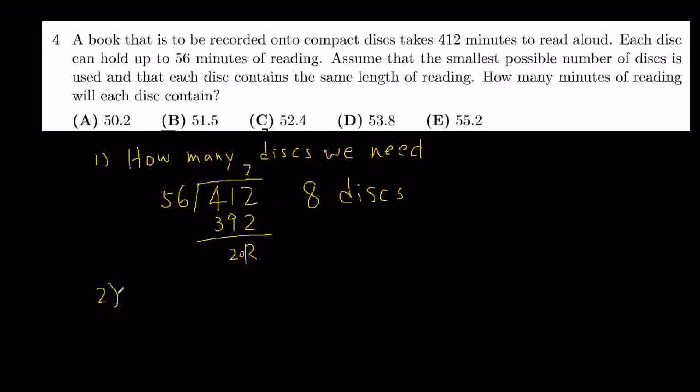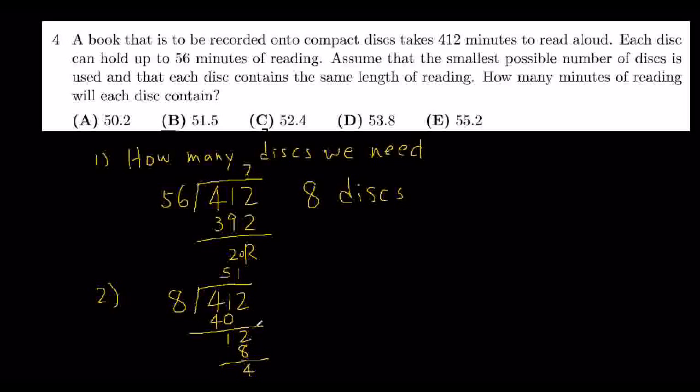Then we try to do the average of 412 minutes over 8 disks. That is what each disk can hold evenly, and that's also the smallest amount of disk we need, right? So we have 412 divided by 8, which gives us 5, which is 40. 12 gives us 1, which is 8.